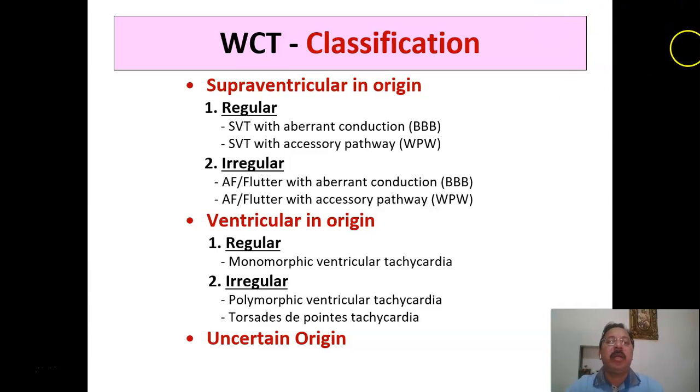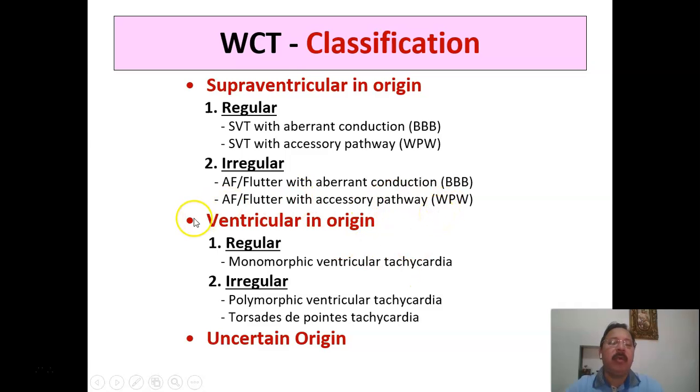So supraventricular tachycardias, which may appear as wide complex tachycardia, can be regular or irregular. Regular is SVT with aberrant conduction or with bundle branch block, or SVT with accessory pathway or WPW syndrome. Irregular are atrial fibrillation or atrial flutter with aberrant conduction or with accessory pathway.